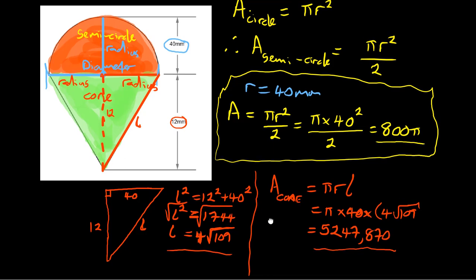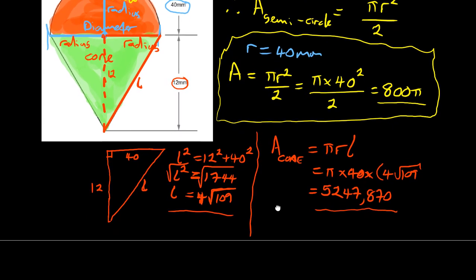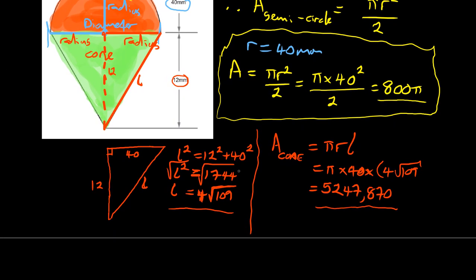Now I need to pull all this together. Remember, I've got the first area of the top part and the area of the bottom part. So now I need then to say total area.